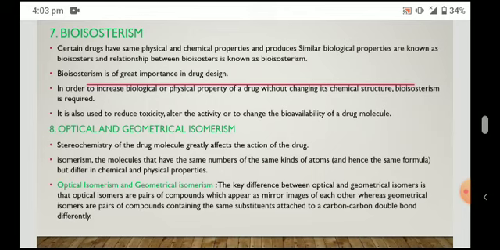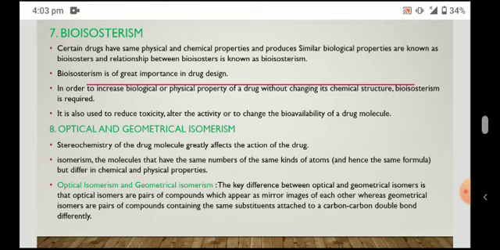It is required in order to increase the biological or physical property of a drug without changing its chemical structure. It is also used to reduce toxicity, to alter the activity, or to change the bioactivity or bioavailability of a drug molecule.